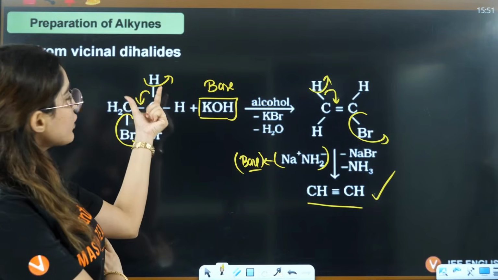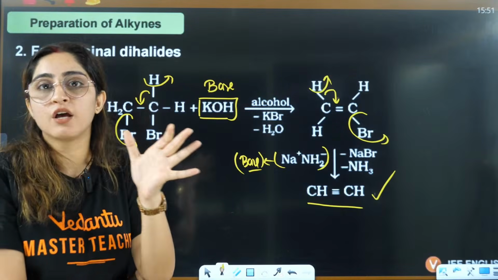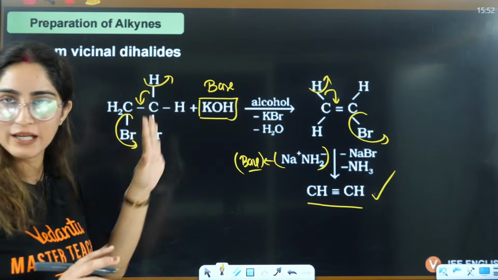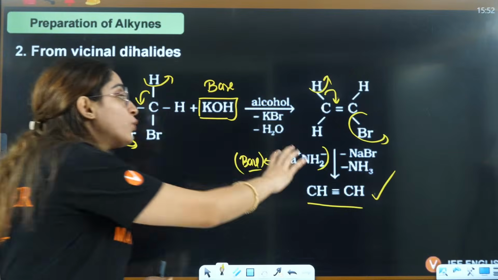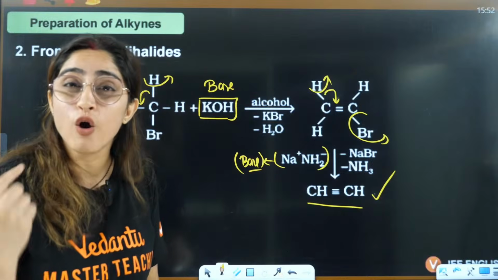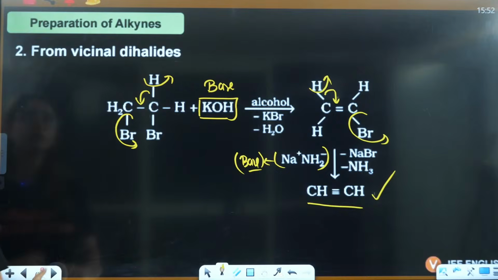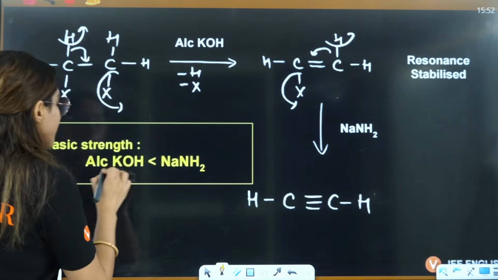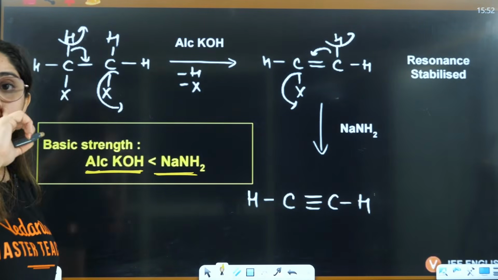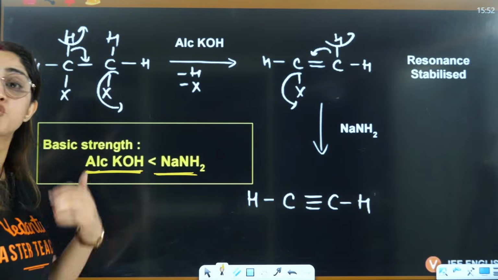Because to take out halogen and hydrogen from the alkane is easy, that's why we use alcoholic KOH. But now we need an even stronger base, and NaNH2 is a stronger base as compared to alcoholic KOH. So the basic strength of alcoholic KOH is weak as compared to NaNH2. That is why in the second step NaNH2 is used, because a stronger base is required.